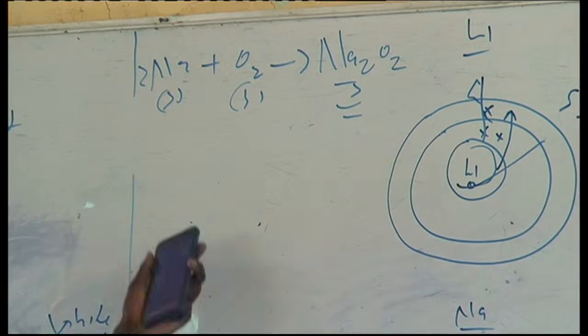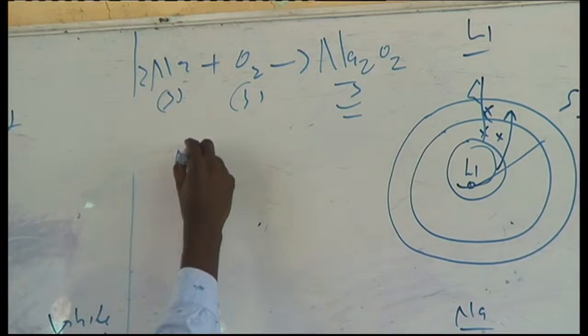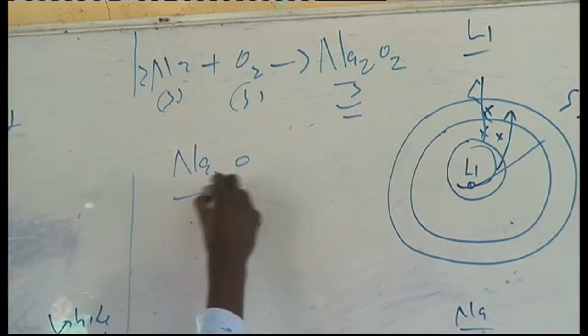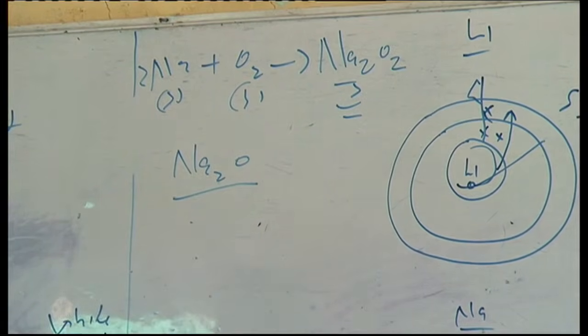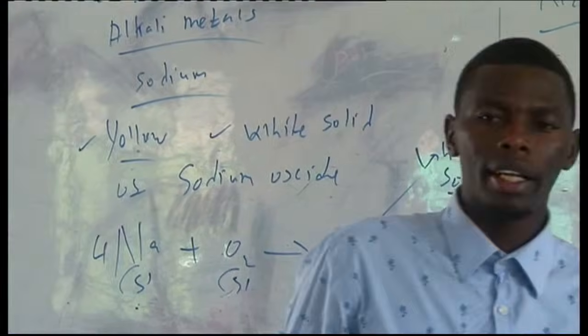So we have sodium oxide. When sodium oxide is reacted with water, it forms sodium hydroxide, and this sodium hydroxide is an alkaline solution.